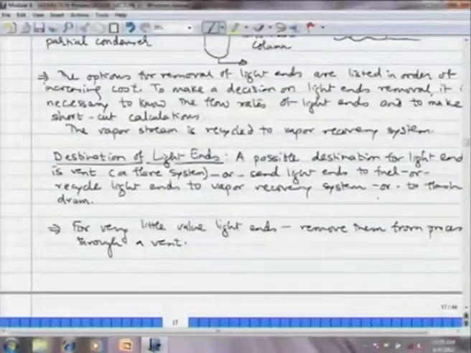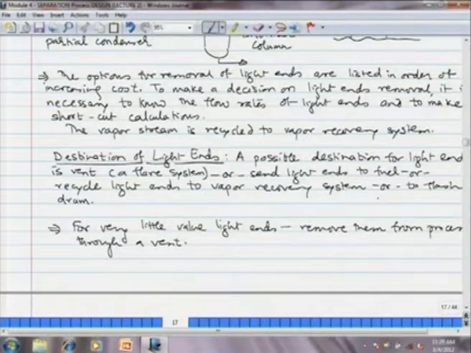Like in many countries, especially in the Gulf countries, the flare of these gases is taxed because it is adding CO2 or greenhouse gas to the atmosphere. The alternate use is to use them as fuel in the process, send the light ends to fuel or recycle light ends to the vapor recovery system or to the flash drum. So, these are some of the options.